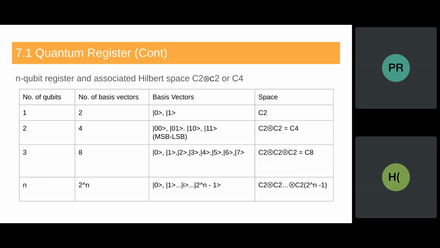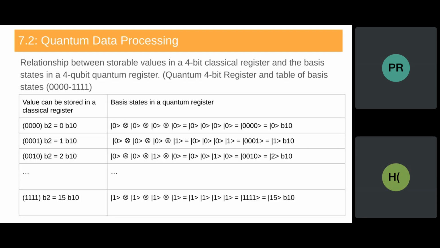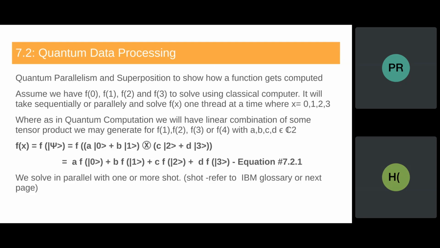For 16 we had taken 256k, and it might keep on going. That's why the relationship between storable values in a 4-bit classical register versus the quantum register is important in data processing. The requirement of memory is pretty high. The bit representation is okay for a register, but for electrons it will be 2 to the power n.